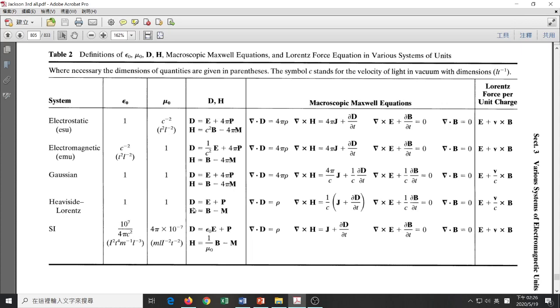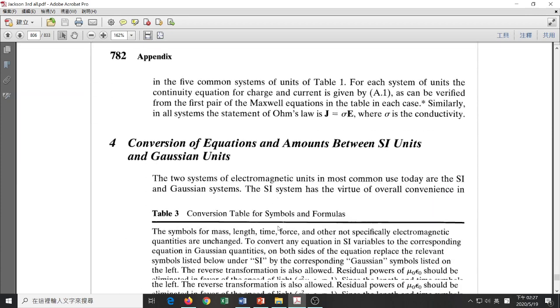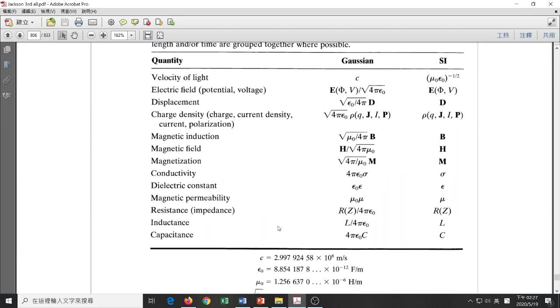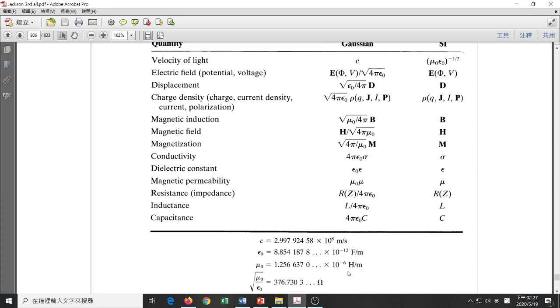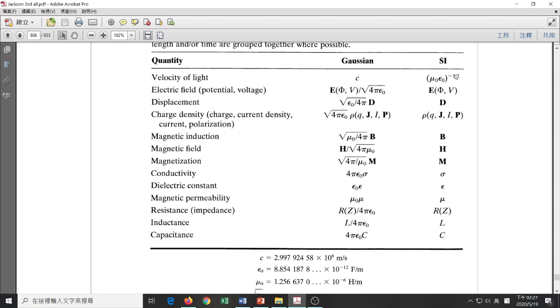So you should learn how to convert from this equation to here. Let me show you more information. Since the notation is different, the value and the quantity will also be different. That's the speed of light. Here are epsilon 0 in SI units, epsilon 0 in Gaussian units, and mu 0 in SI units. You can compare them side by side.